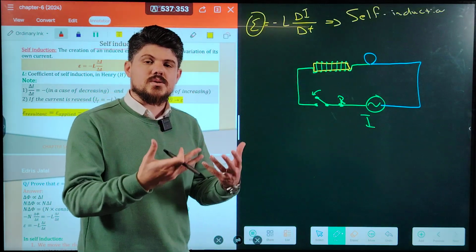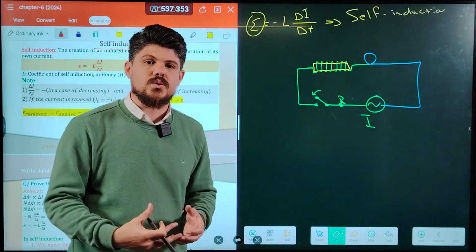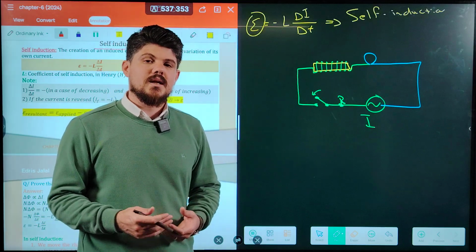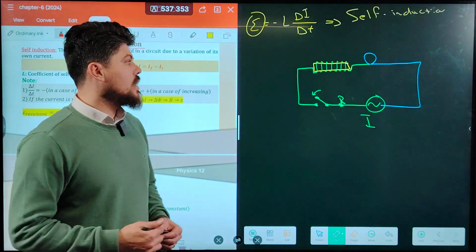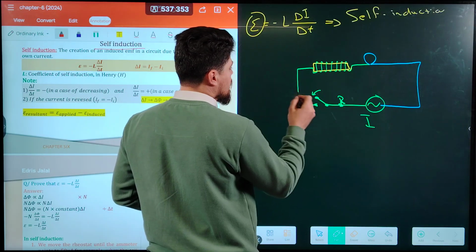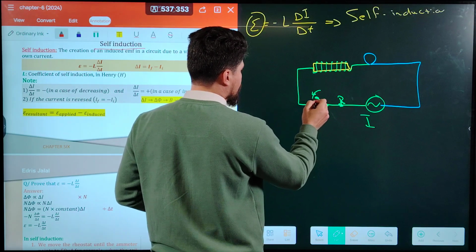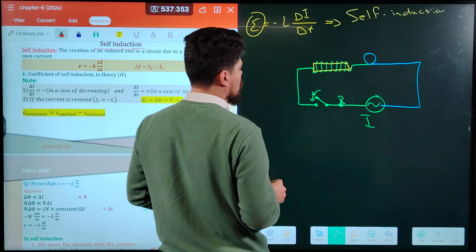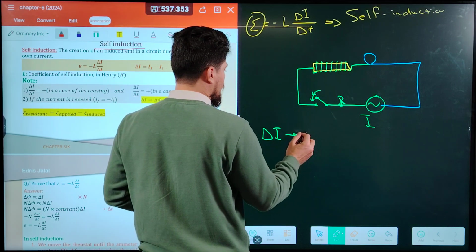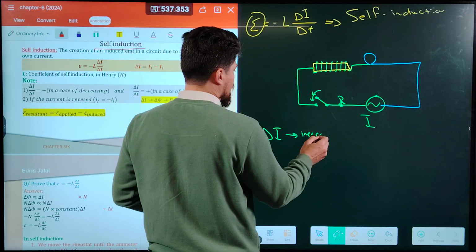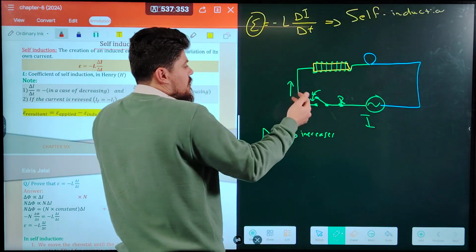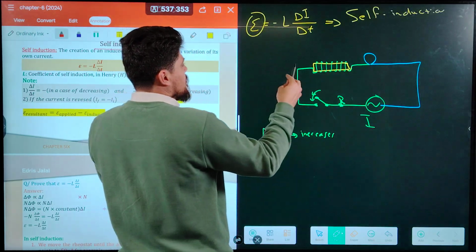By increasing the resistance of the rheostat, the current decreases, and by decreasing the resistance, the electric current increases. So this is the changing of the current from 0 to the maximum.